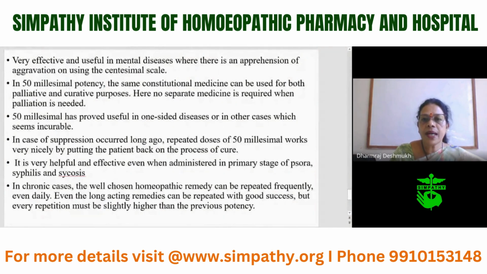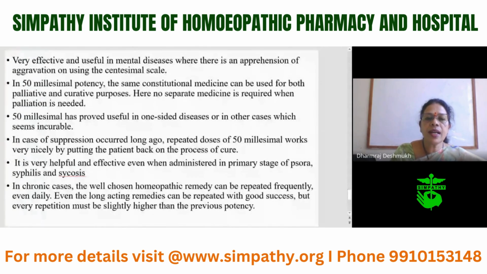There are some medicines which are prescribed as constitutional medicines. Or if there are incurable diseases, in that case, you can administer it as palliative treatment. So in both cases, you can administer this scale or potency. There are some chronic diseases which are called one-sided diseases because they have very few symptoms on which you are unable to find a remedy, but in that case also 50 millisimal gives the cure.